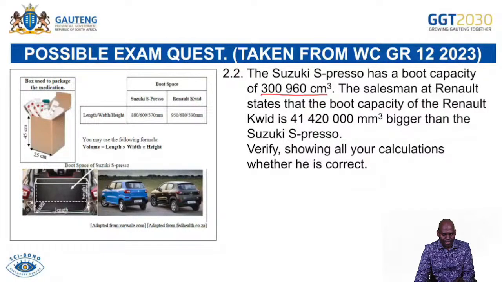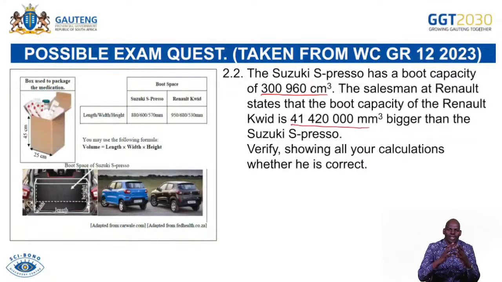So the Suzuki S-Presso is 300,960 cubic centimeters, and the salesman at Renault states that the boot capacity of the Renault Kwid is 41,420,000 cubic millimeters bigger. What does this mean?